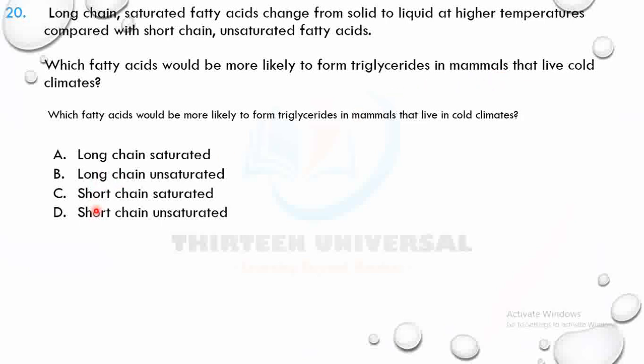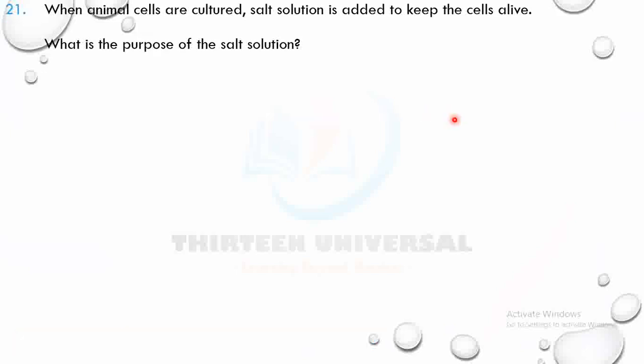Also, the more unsaturated, the more fluid. So in a cold environment, we need short chain unsaturated fatty acids, for a more fluid triglyceride or phospholipid. So that's why D is the answer.